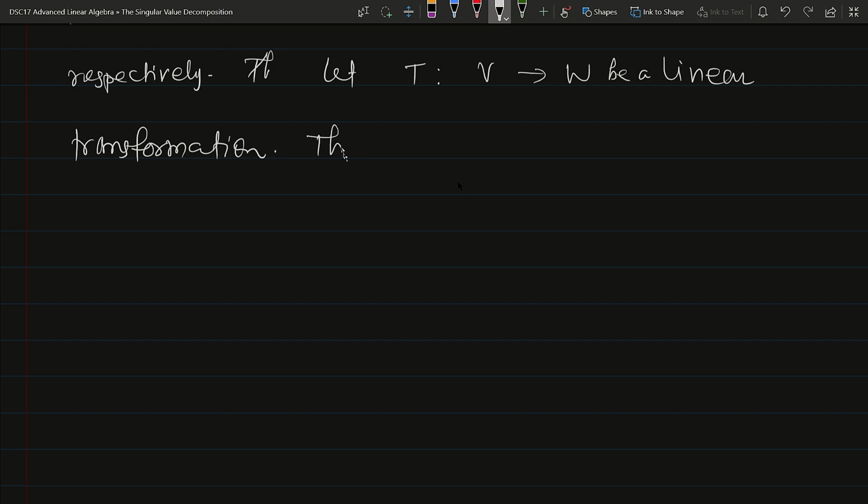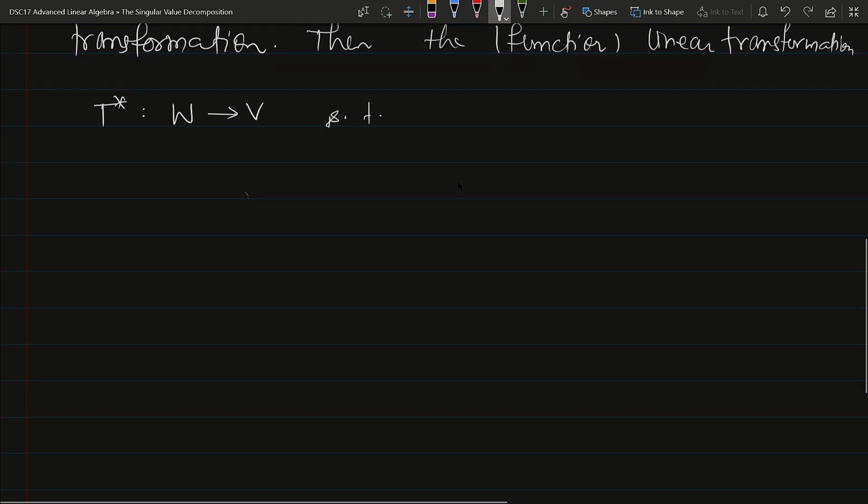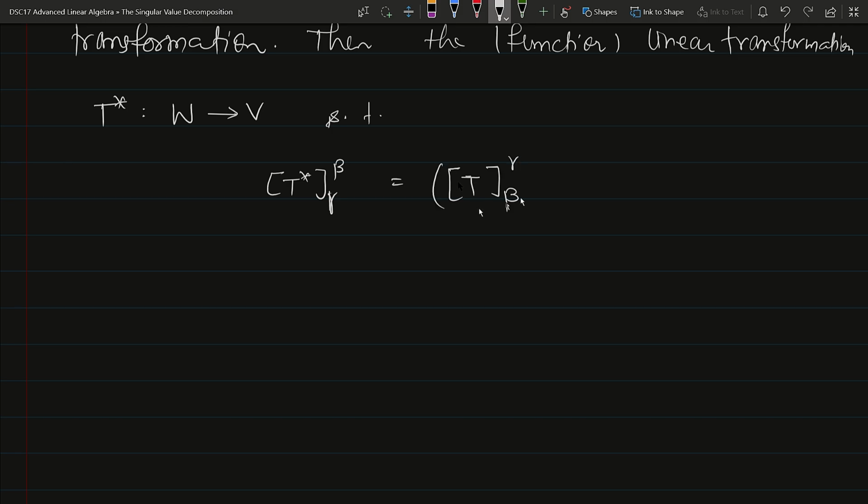Then the function, or more precisely you can say the linear transformation T star defined from W to V is such that the matrix representation of T star in gamma and beta is equal to the adjoint of the matrix of T in beta and gamma.